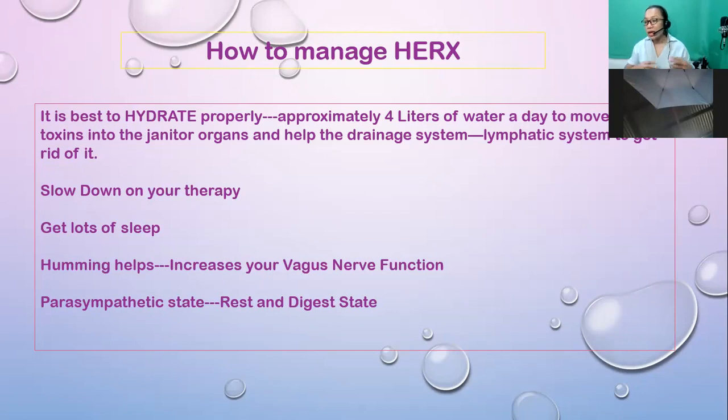This helps the body deliver the nutrients, deliver the toxins to the liver, and move the processed toxins to the drainage system, which is the lymphatic system, so that the lymphatic system can get rid of them through the genital organs. So that is one way of managing.